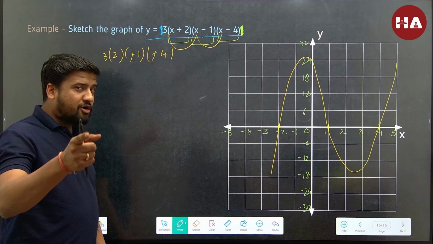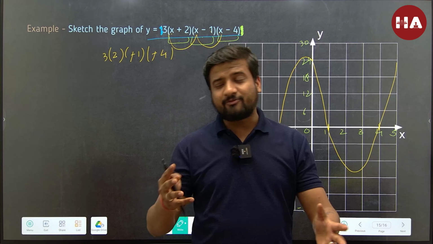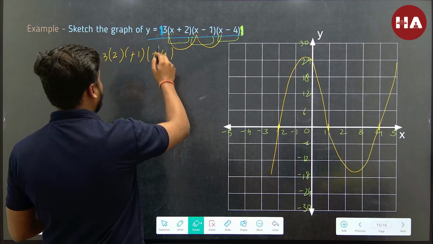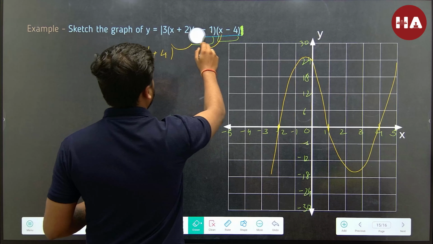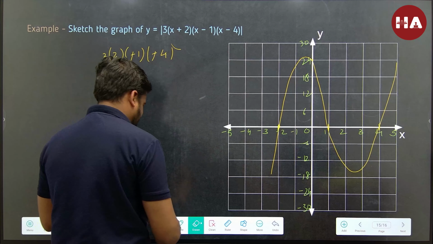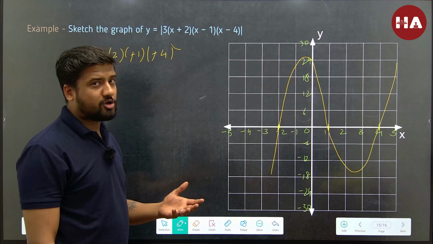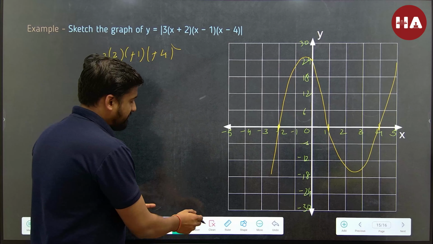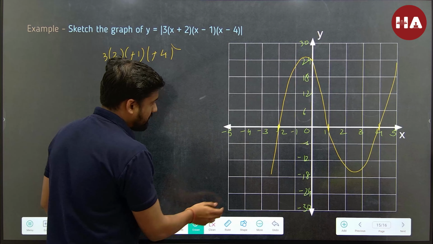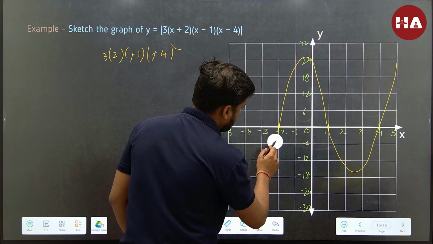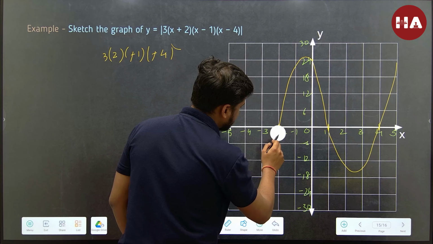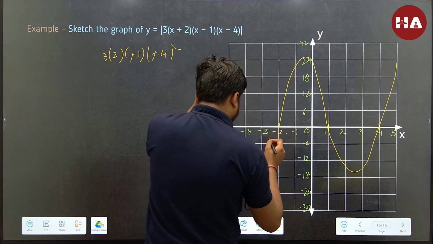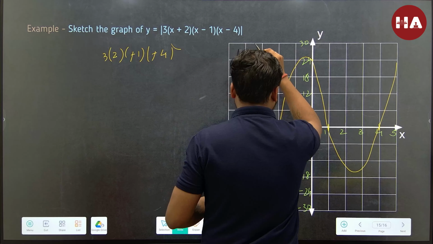All right, okay, did we miss something? Yes, obviously we did. I told you at the start of the question to erase it from your mind that we have a modulus, but we didn't have to completely erase it, right? We need to solve it. Now since this is a modulus graph, what we are going to do is remove this part from below the x-axis to above the x-axis, and it should be something like this.